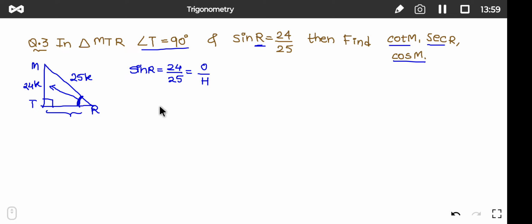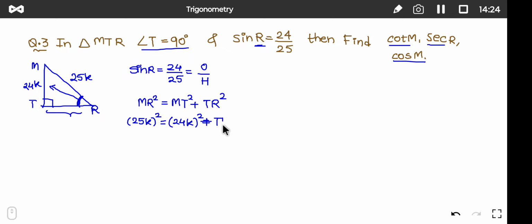So by using Pythagoras theorem, we can write down MR square. Okay, hypotenuse is here MR. So MR square is equal to MT square plus TR square. So MR is nothing but 25. So 25k the whole square is equal to MT, which is 24k the whole square, plus TR we have to find out.